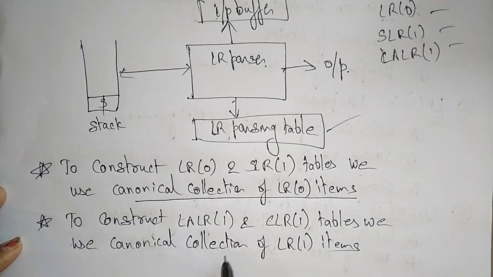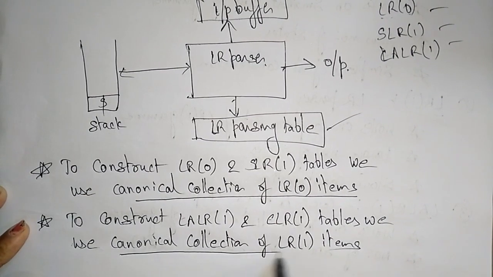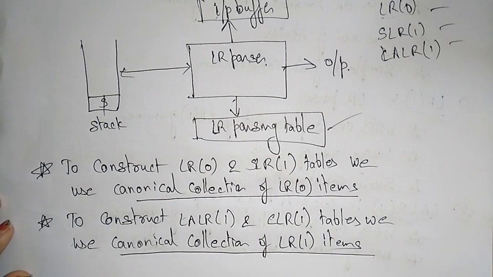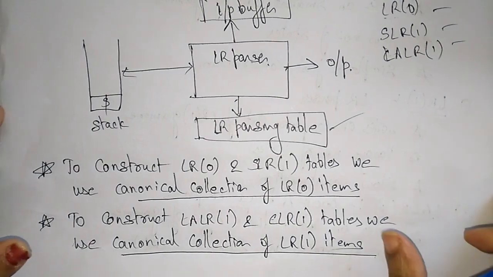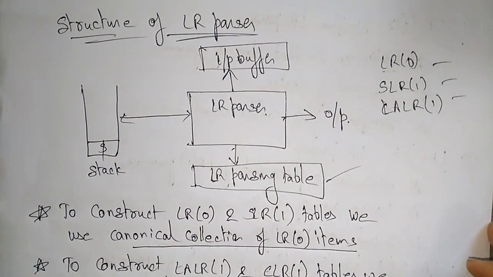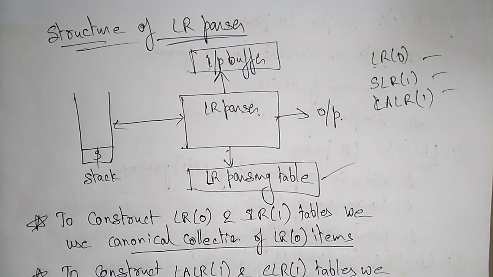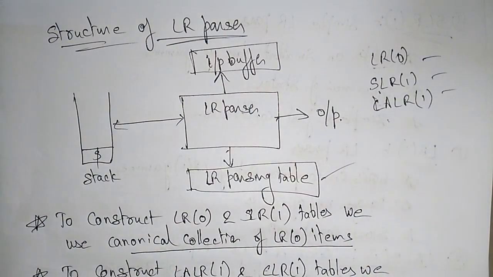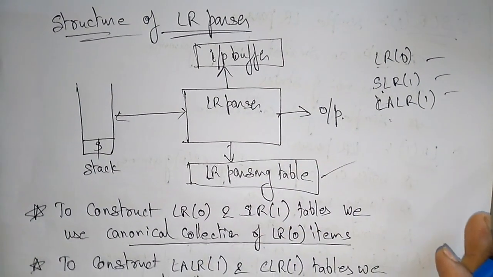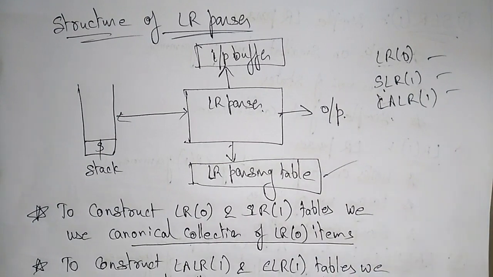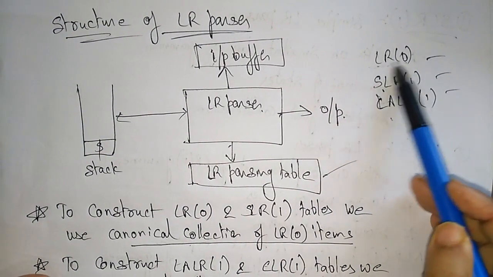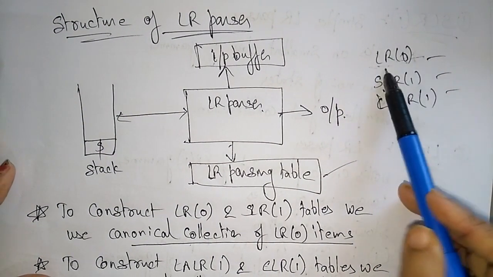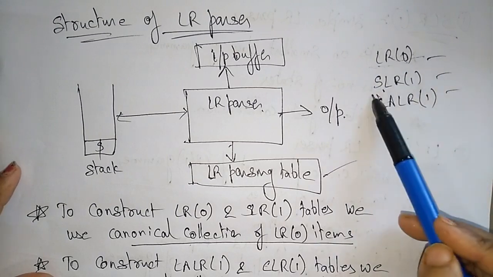So this is just an introduction to the LR parser, how the LR parser has the different algorithms, LR0, SLR, LALR and CLR. And this is the structure of LR parser. In the next videos, we will see how to construct LR0 parsing tables, SLR and LALR.